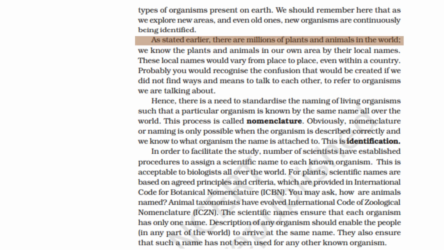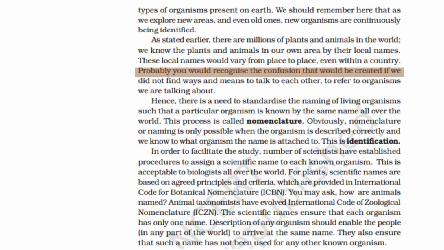As stated earlier, there are millions of plants and animals in the world. We know the plants and animals in our own area by their local names. These local names would vary from place to place, even within a country.